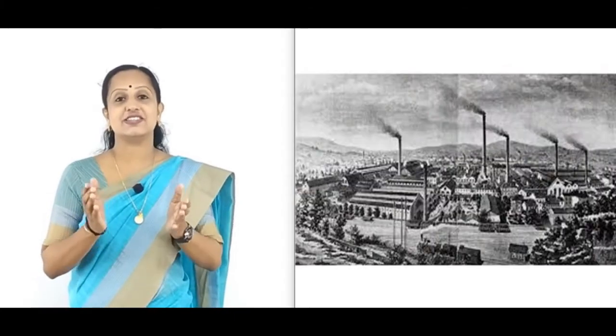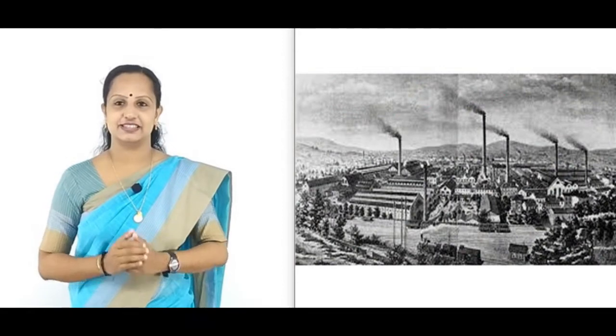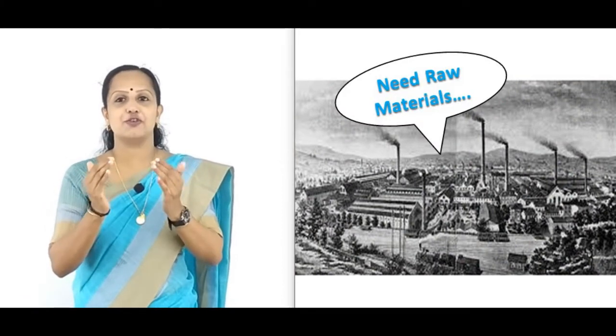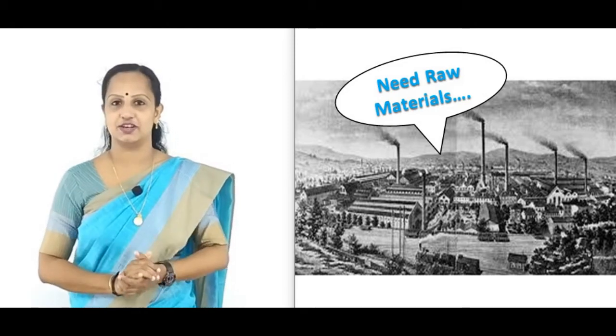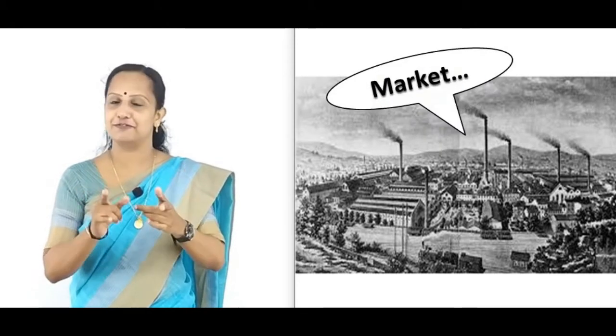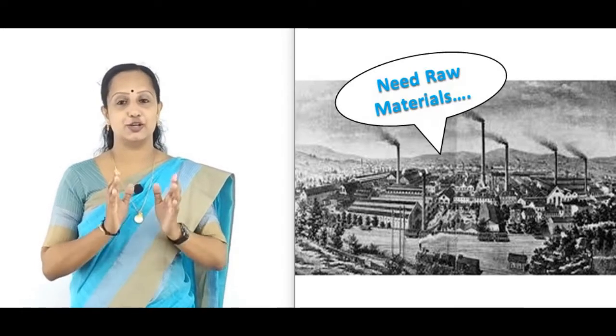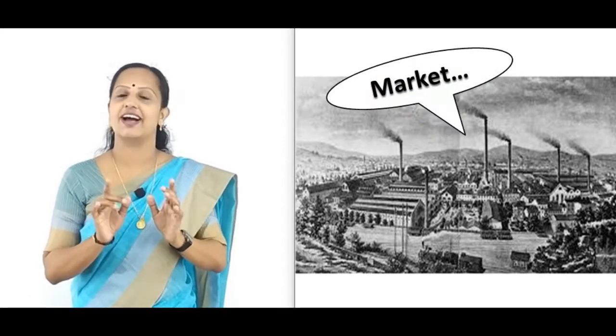When the Industrial Revolution started, the small states in Europe did not have sufficient raw materials for their industries or markets for their finished goods. These countries started looking for markets in Asia and Africa.